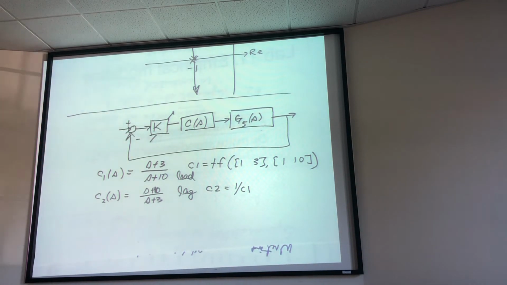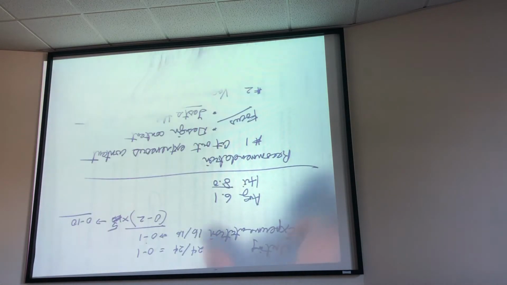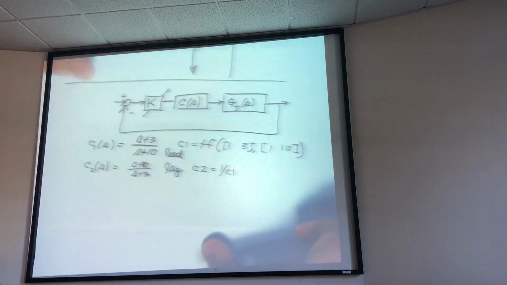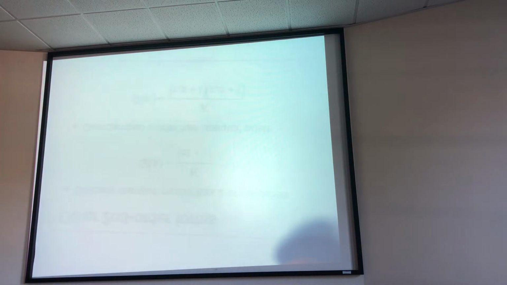Or you can enter in transfer function and type it all out. So now we've got these two compensators, and we're going to try to do a root locus. All right? Let's do both root locuses, but let's do it in 2 figure windows. And so let's do it like this.